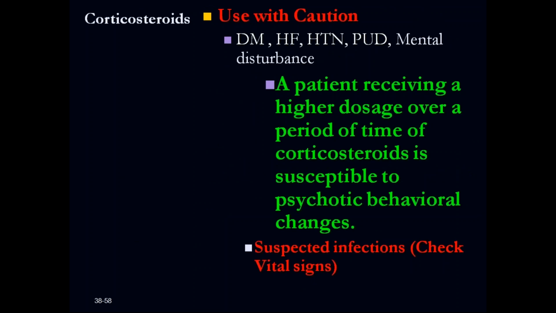Okay, so a patient receiving a higher dose of corticosteroids over a period of time is susceptible to psychotic behavioral changes. If somebody here, and don't tell me who, received hydrocortisone, for example, in asthma attacks or crisis, we give the patient about four intramuscular injections of hydrocortisone, 20 milligrams at a time, four times a day.